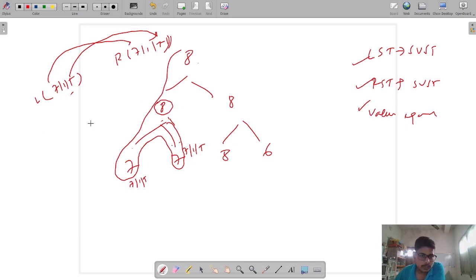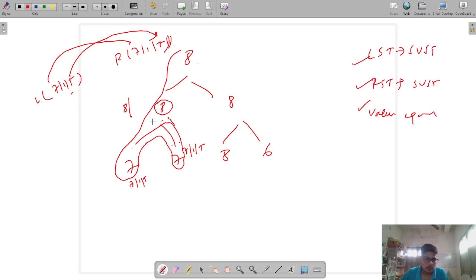So for this one we will return 8 as its root value. We will return 8 as its node value, and count as left's count plus right's count plus 1, because 7 is a single value subtree, so it will return all its single value subtree count. Similarly, this will return all its right single value subtree count.